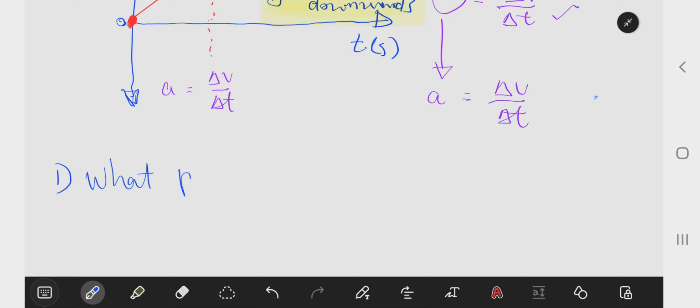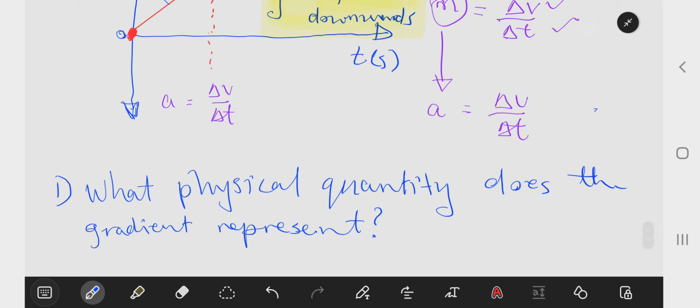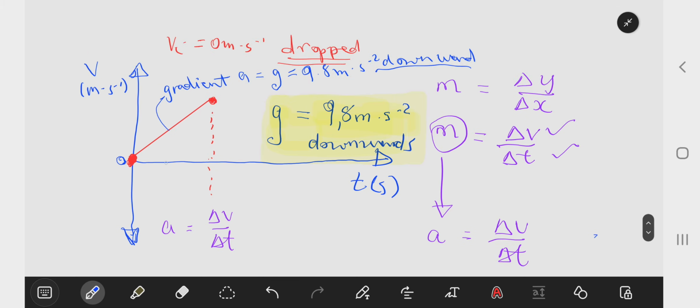What physical quantity does the gradient represent? So you can see that this is a straight line, right?